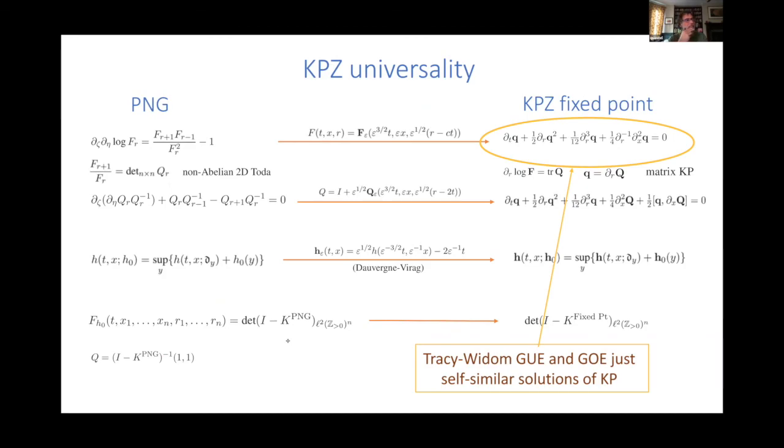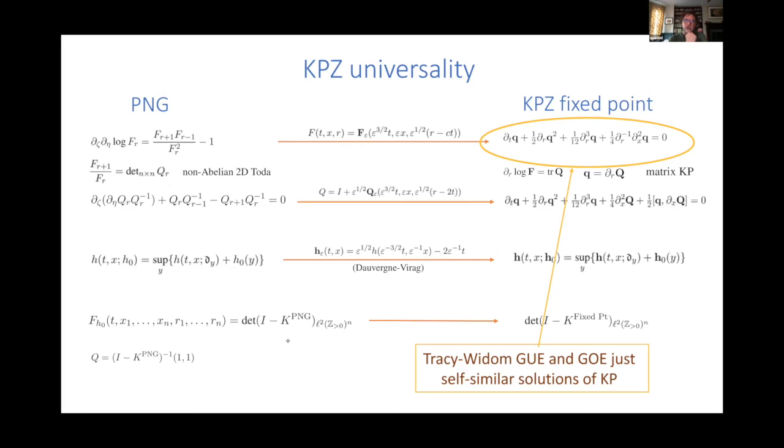He said after, in the discussion time, there should be a Tracy-Widom matrix version, and that this is a special self-similar solution of matrix KP. It's a good question. I think you have to ask Neil if that's what he meant. I didn't get the impression he meant that, but it could be he did, and I just didn't understand.